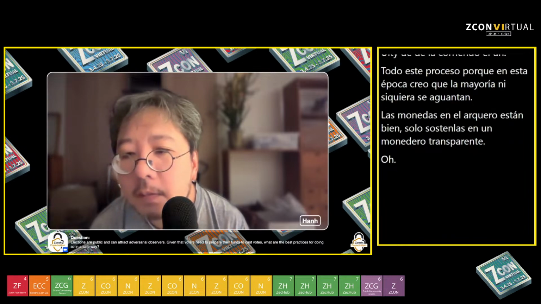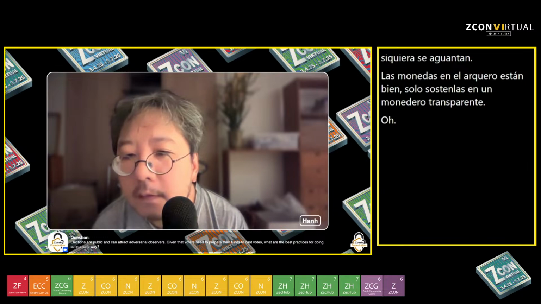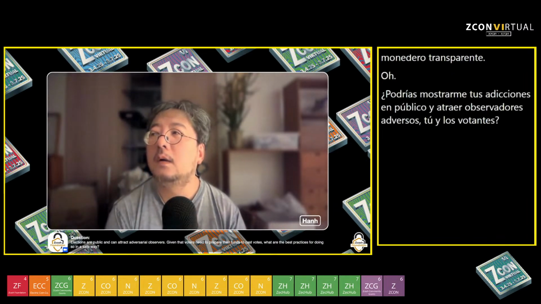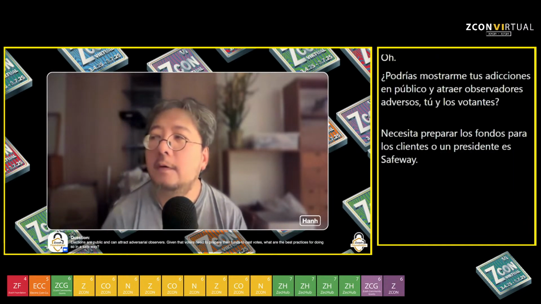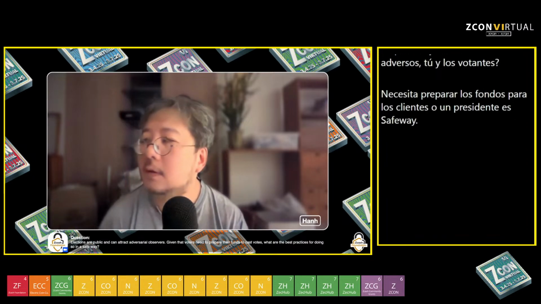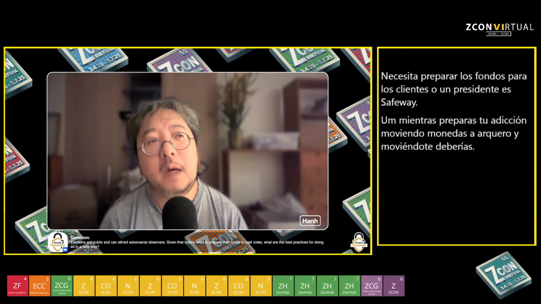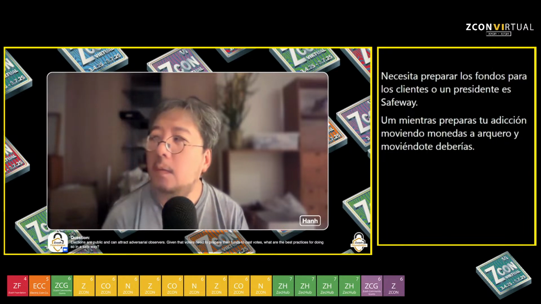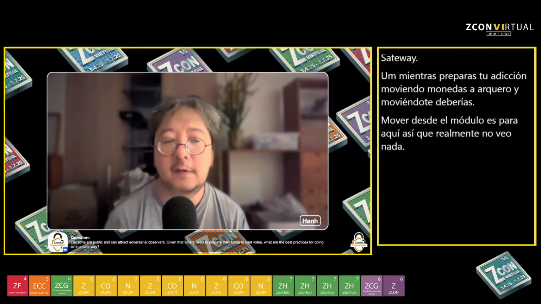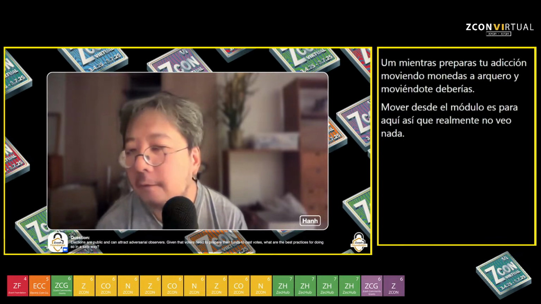Okay. Elections are public and can attract adversarial observers, given that voters need to prepare their funds to cast votes in a safe way. Well, you prepare your election by moving coins to Orchard, and if you move from Orchard to Orchard, it is fully shielded. So I don't really see anything that an observer can see besides maybe a spike of Orchard transactions, but what really can they infer by that?